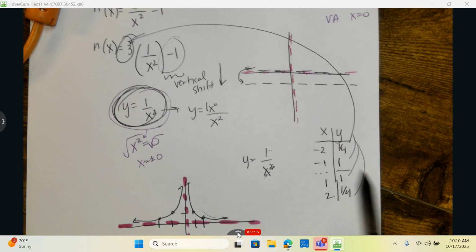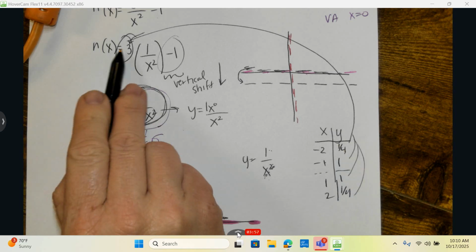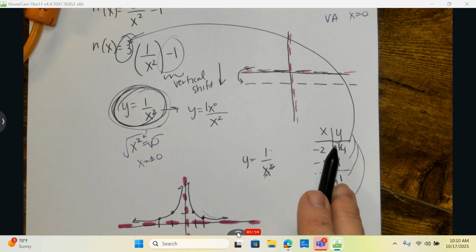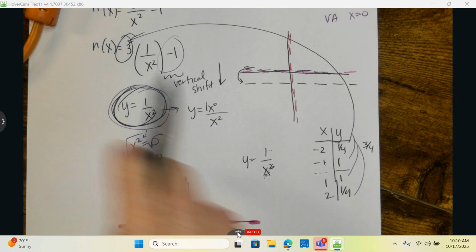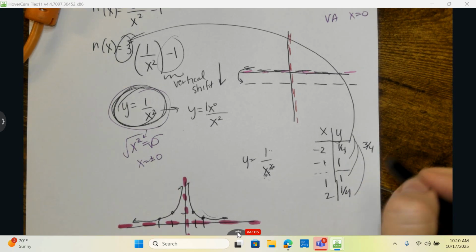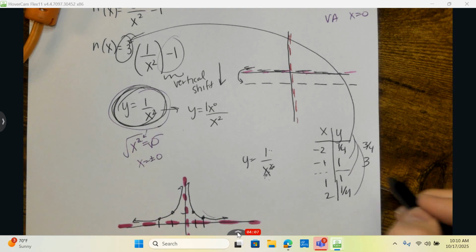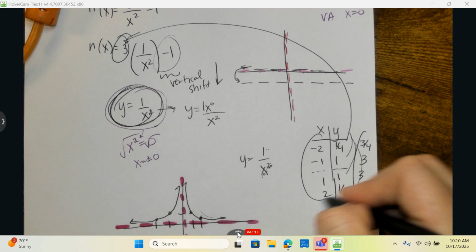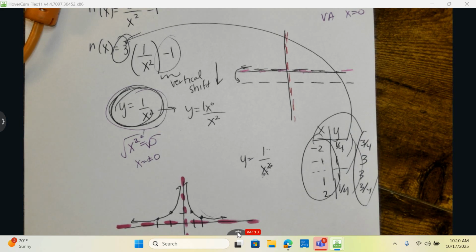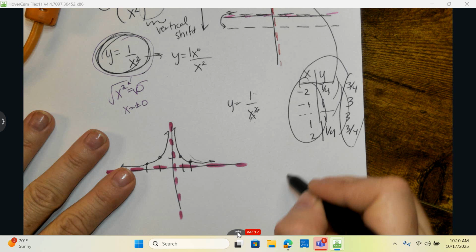So 3 times 1/4, well 3 times 1 is 3, and then 3 divided by 4 cannot simplify. We're multiplying times the y's, 3 times 1 is 3, and again 3/4. So this is what I'm looking at. These are each going to be paired up here. So I'm going to do a final sketch right now, and we'll just keep it right on this paper here.